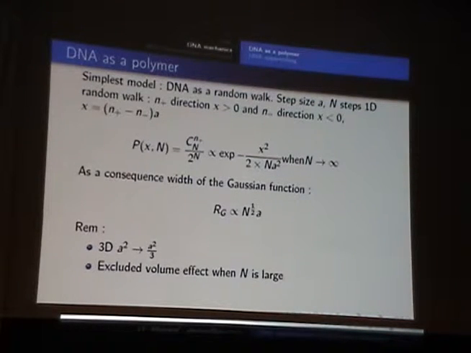Does someone have any idea, I'm going to come back to this point, about the value that we could take for a for the DNA? Who works with polymers here? What numbers would you have in mind for a standard classical polymer? This is the distance of the random walk.